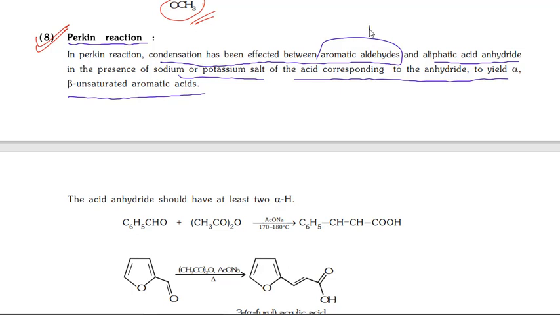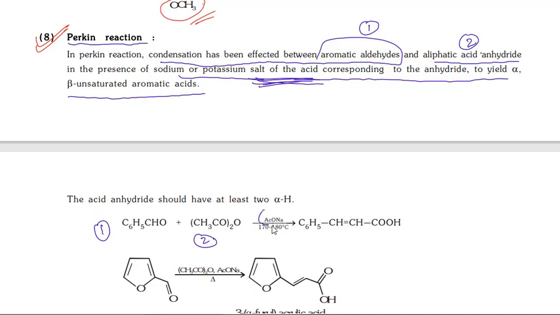The first condition is aromatic aldehyde. The second thing is aliphatic acid anhydride. The third thing is the relevant carboxylic acid salt. See here, the first point is benzaldehyde, the second point is anhydride, which is acetic anhydride.